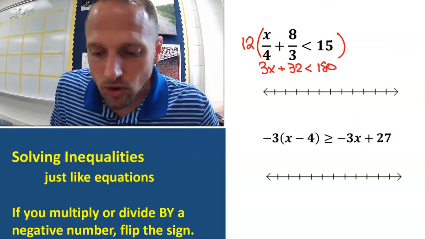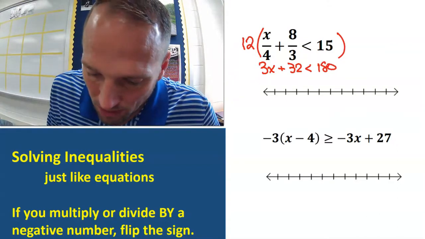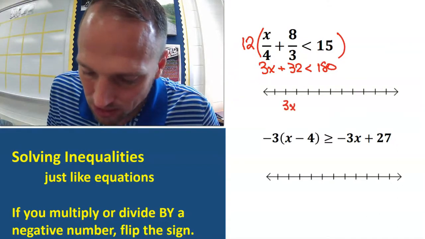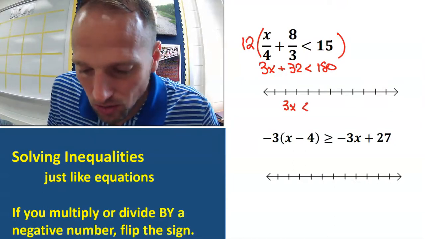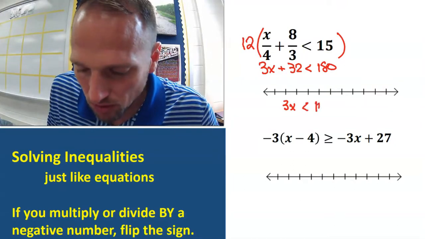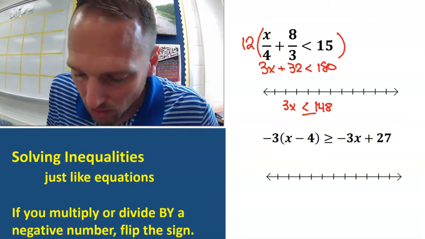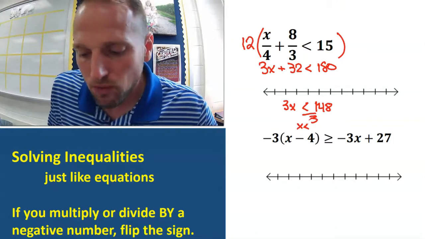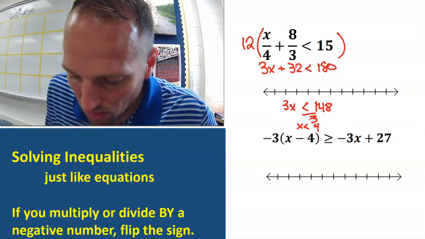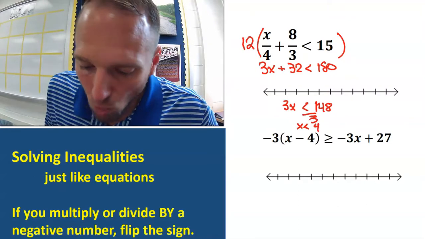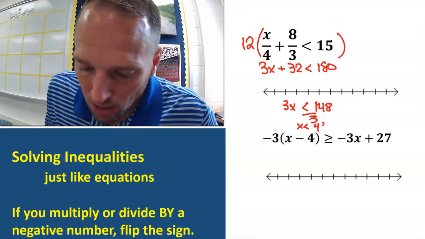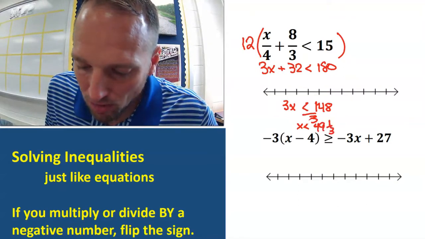Okay, let's subtract the 32 over, and I'm going to drop down here. 3x, 180 minus 32 is going to be 148. And then last step, just divide the 3. We'll get x is less than 148 divided by 3. Let's see, that's going to be 49 and a third.